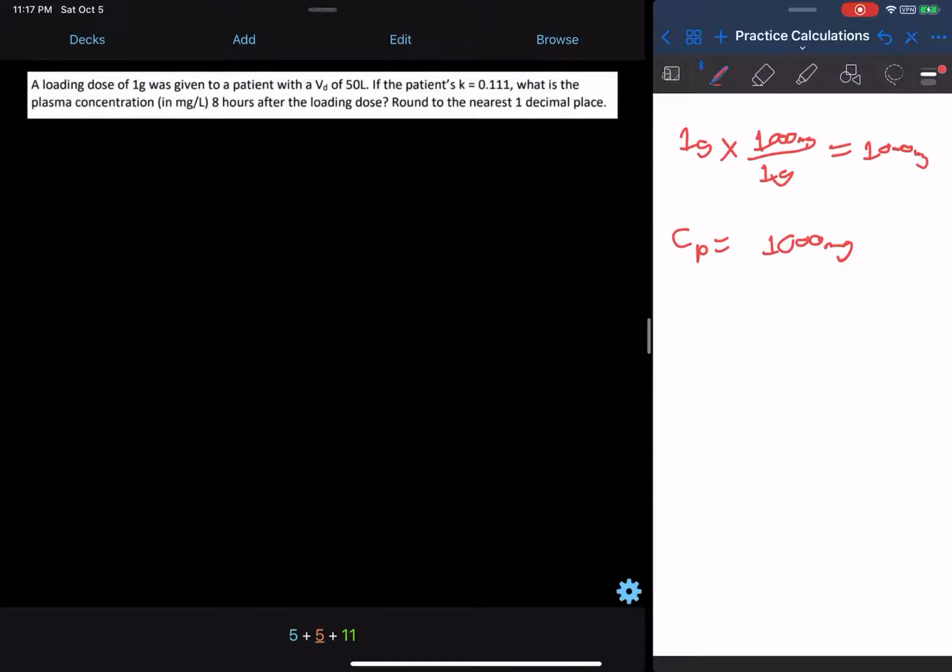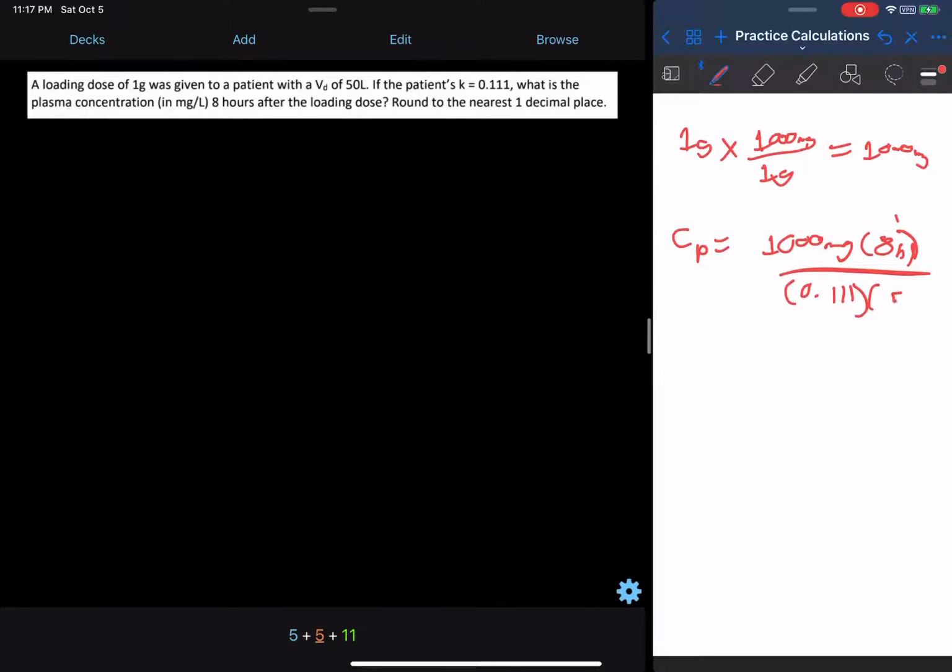Okay. Let's try this. Over 0.111. Plasma concentration.